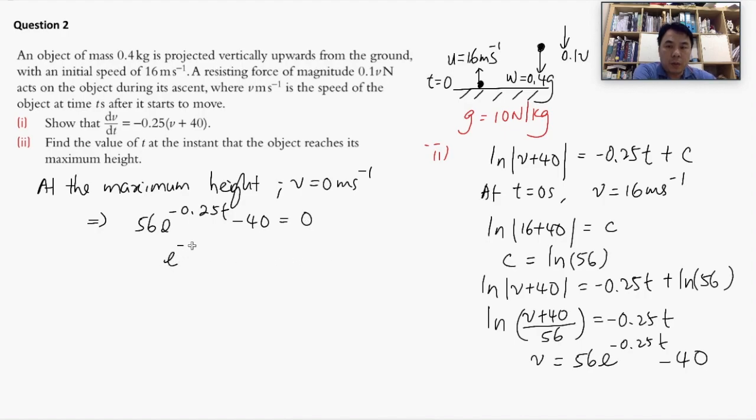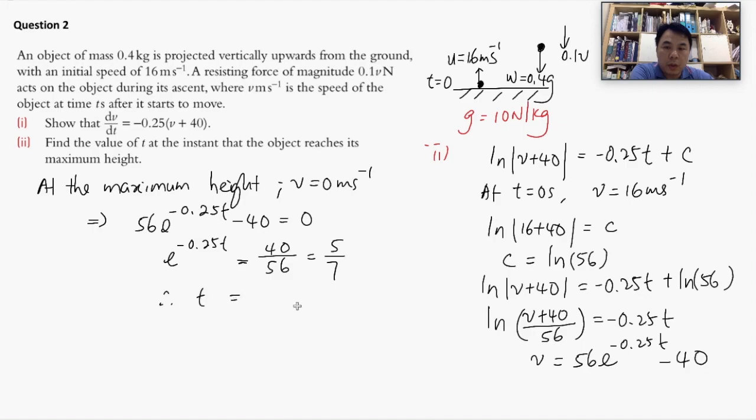And then we have e to the negative 0.25 t equal to 40 over 56. So that is 5 over 7.